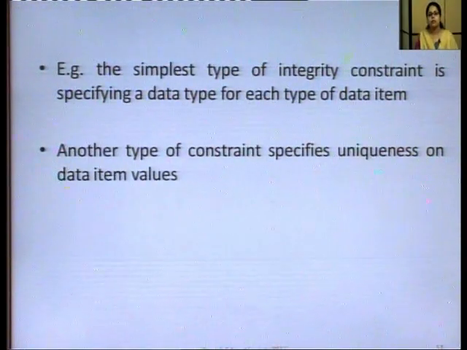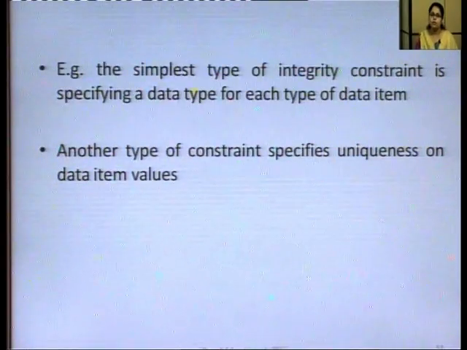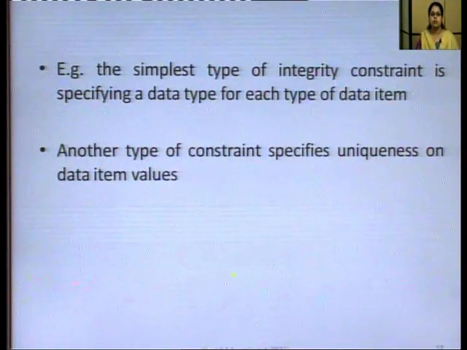Another type of constraint specifies uniqueness on data item values. For example, the ID of a person must be unique, or the roll number of a student in a student database must be unique. So these are the simple and very basic integrity constraints which are specified on any database.